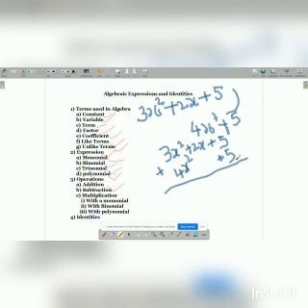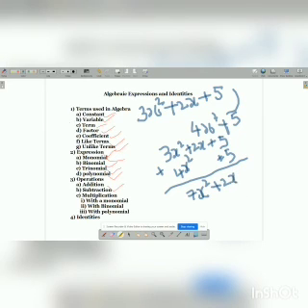Okay. I already told you only the like terms should be added. See here. 3 plus 4 is 7. What is the literal there? X square. 7x square plus. Here there is only one x term, so 2x plus nothing is there, meaning it is 0. 2x plus 0 is 2x only.